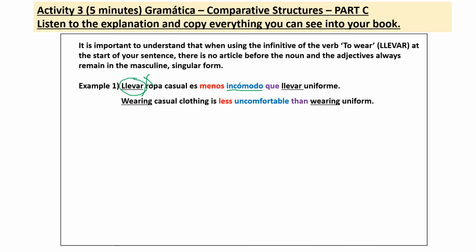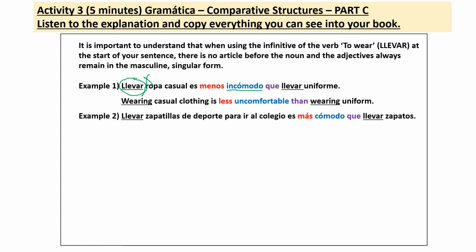Let's look at another example. Llevar zapatillas de deporte para ir al colegio es más cómodo que llevar zapatos, which means wearing trainers to go to school is more comfortable than wearing shoes.